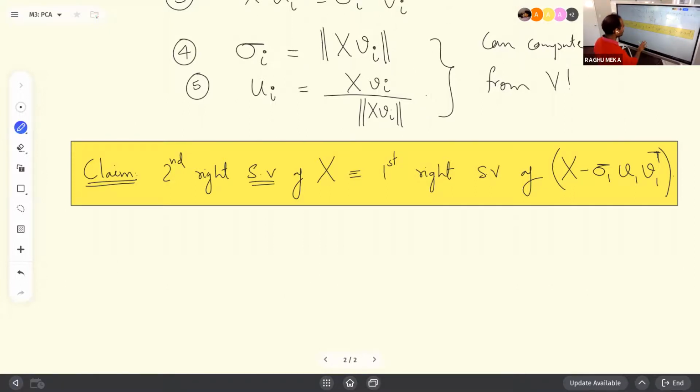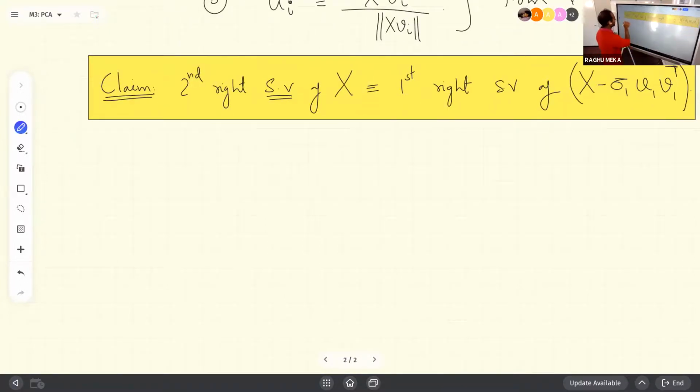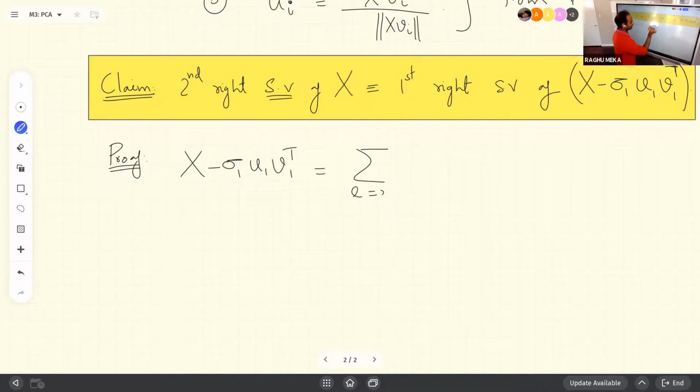Okay, so let's quickly see a proof of this. It's really almost true by definition, I'd say. So X minus sigma 1 u1 v1 transpose is equal to, this was our definition.